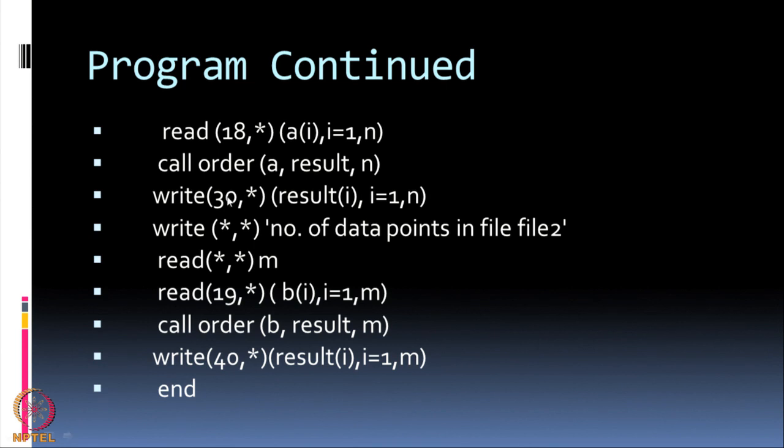So, what does the program do now? It will write on the screen the number of data points you want to read from file 2. So, it reads this m, which is the integer.